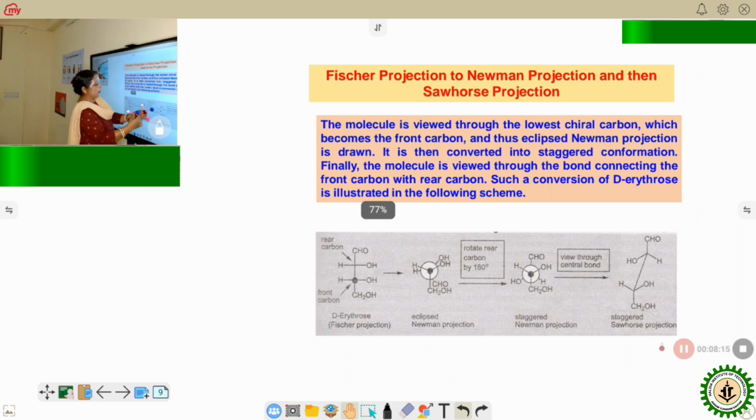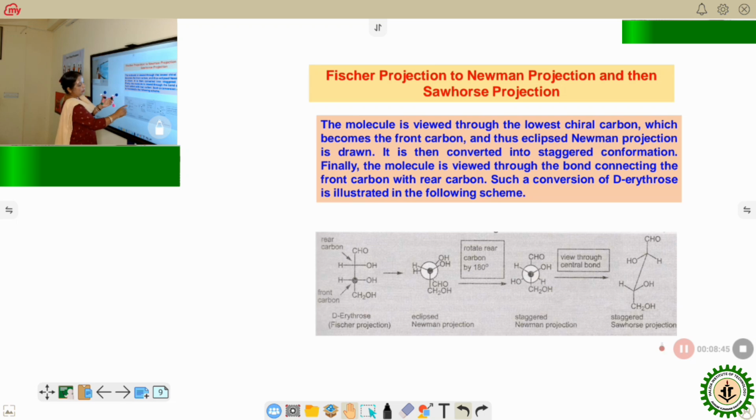Next, we will rotate the back carbon by 180 degrees, so we can also express it like this. Now from here to here, we must draw the eclipse conformer of this compound. If it is eclipsed, then in the Fisher projection formula this is below, this is also below, and CH2 is also below.